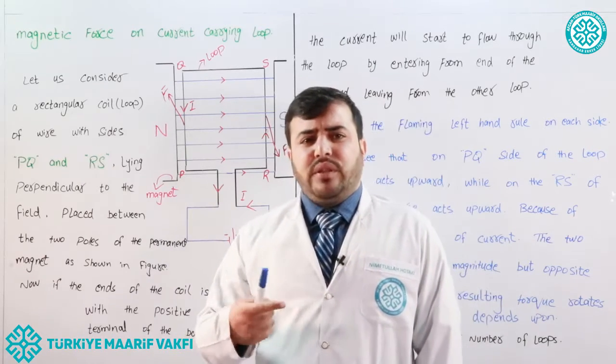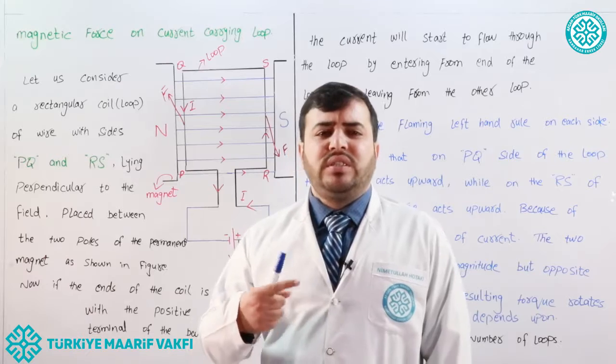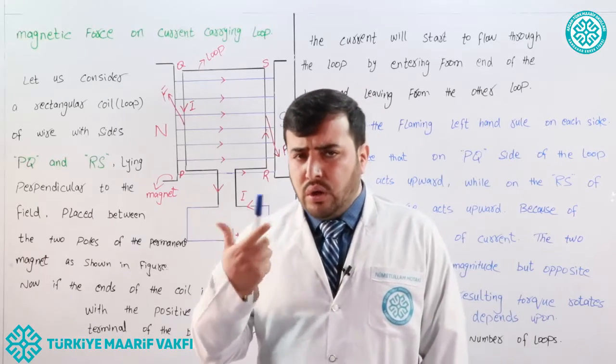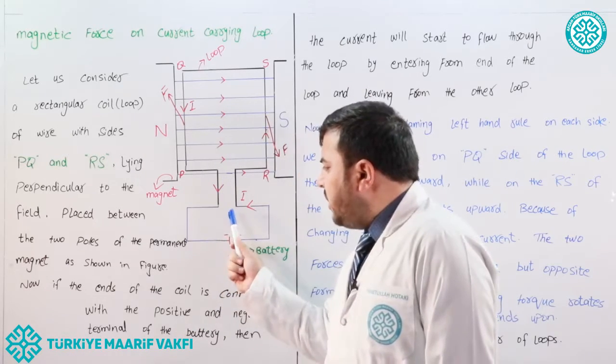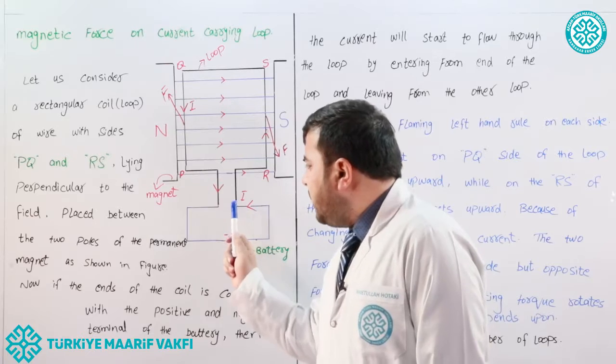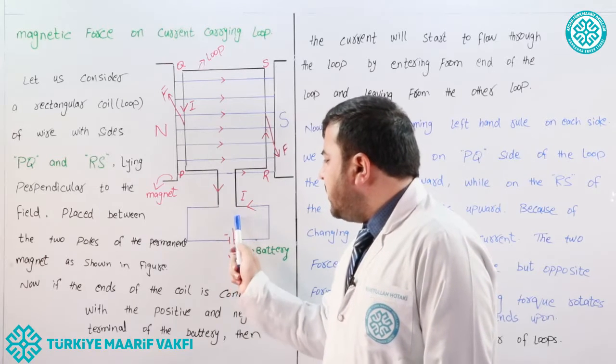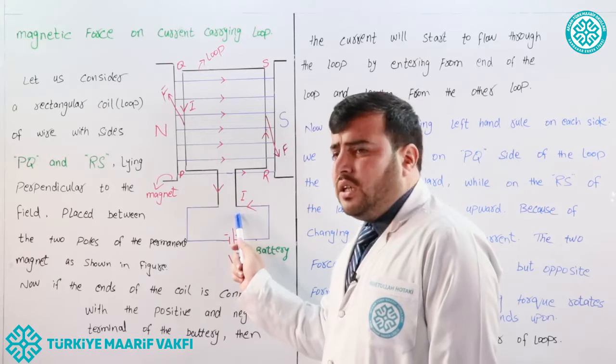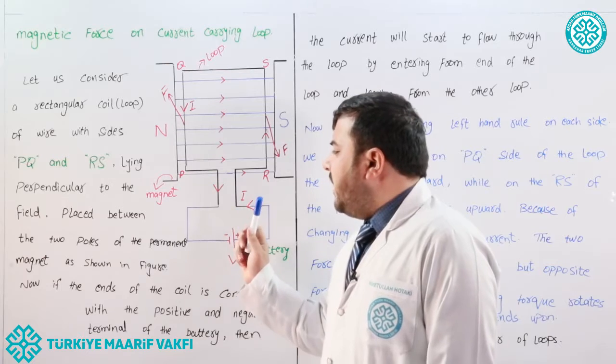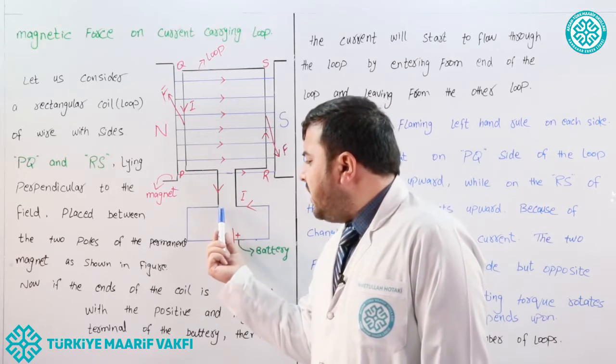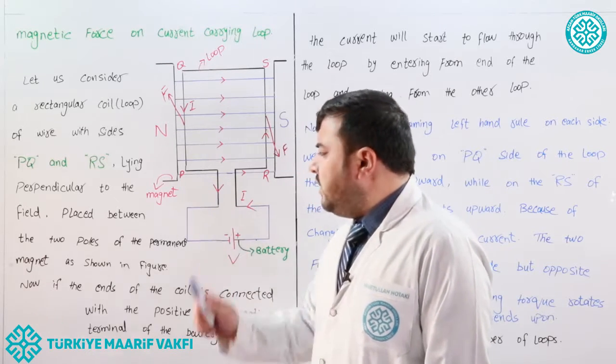When it is connected with the battery, the current will start to flow through the loop by entering from one end of the loop. Like here you can see the current is entering from this end of the loop and leaving from the other end of the loop.